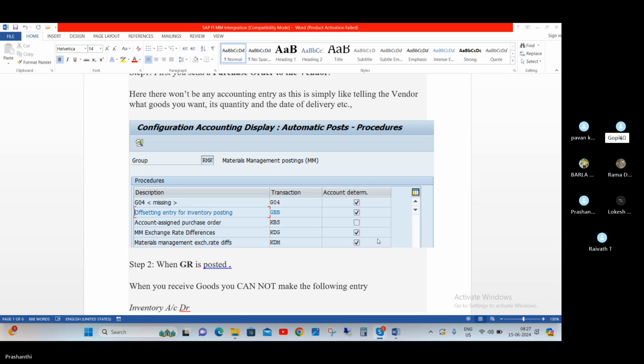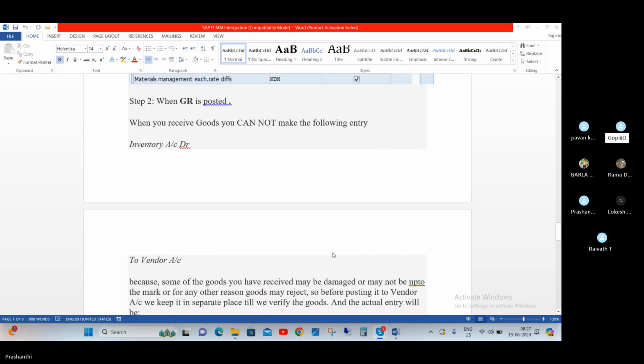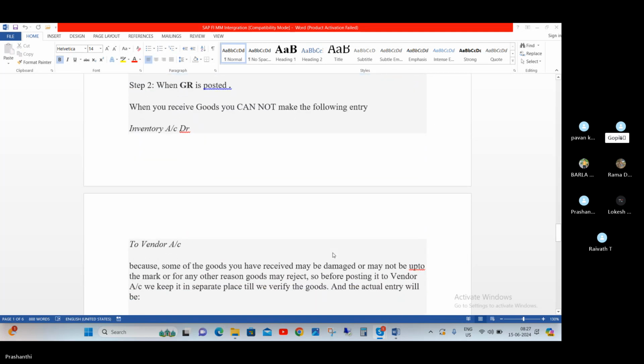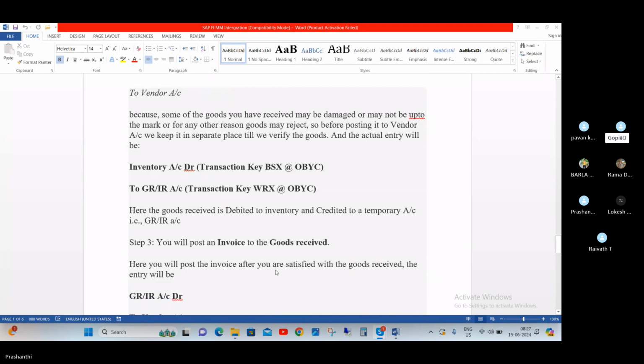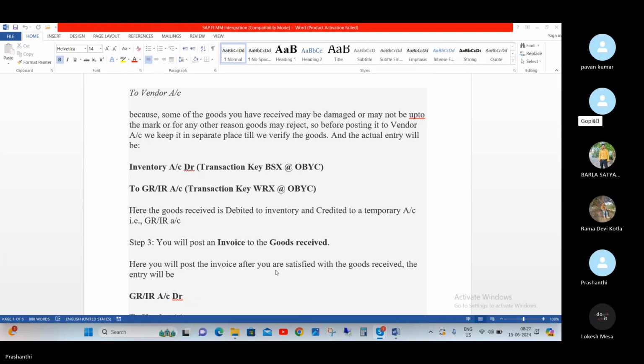When a GR is posted, when you receive the goods, you cannot make the entry inventory account debit to vendor account credit. So we don't take a direct entry, because some of the goods you have received may be damaged or not up to the mark, or for other reasons goods may be rejected.